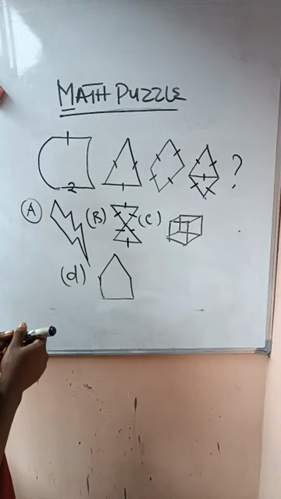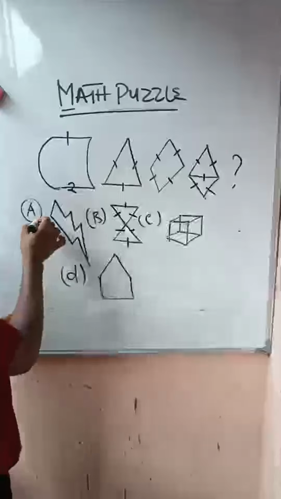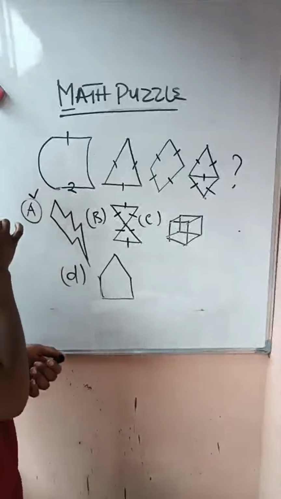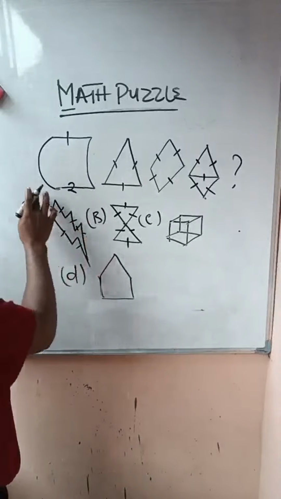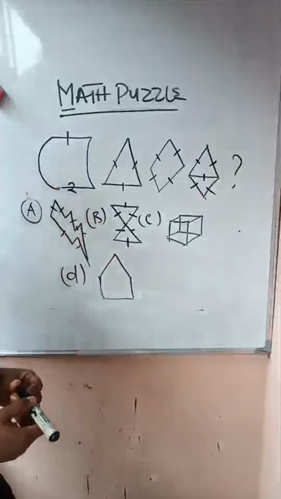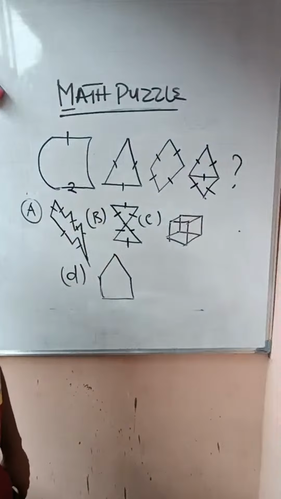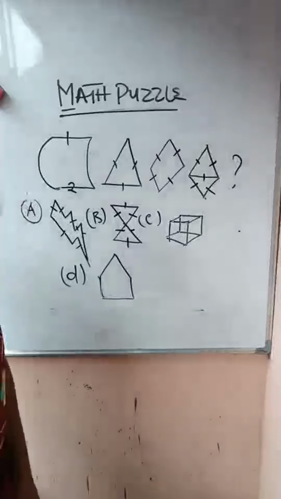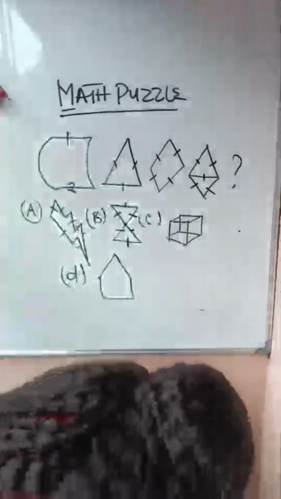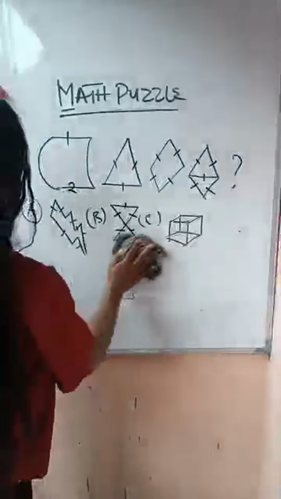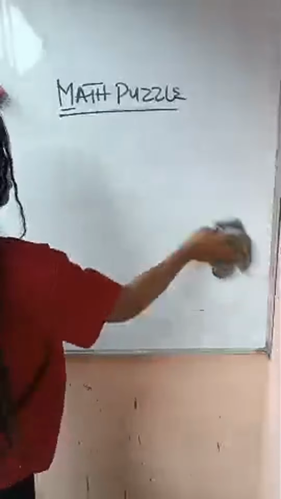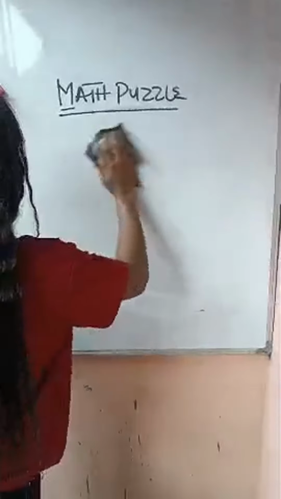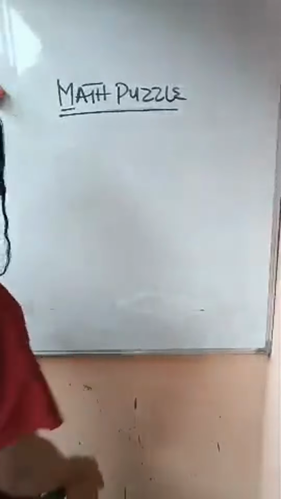So that is it. We also have A, and A is 7, so the answer is B. 6 lines. That is B. I told you it's easy.